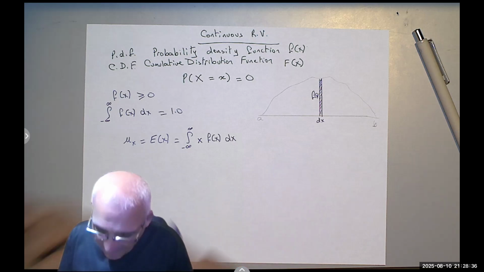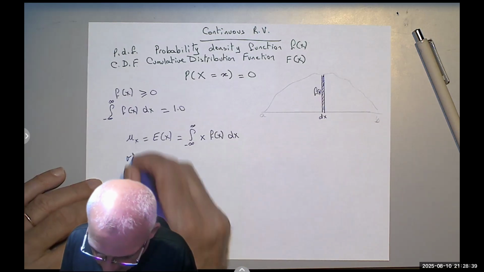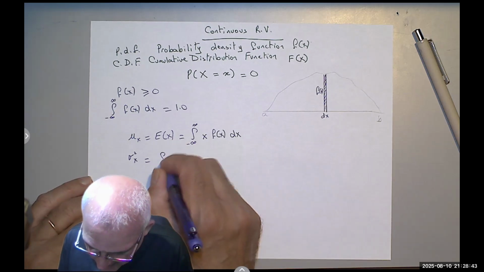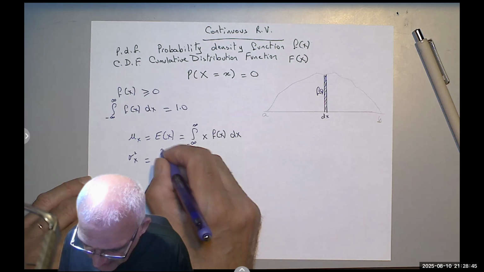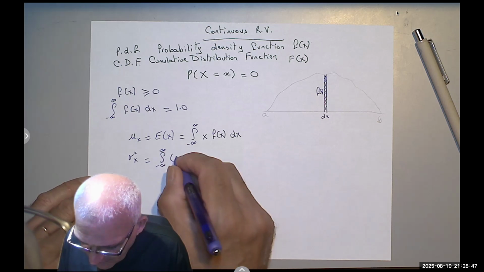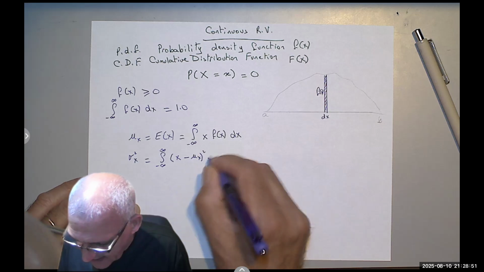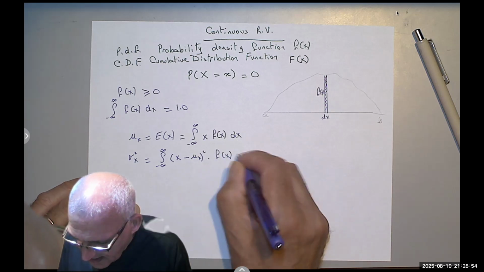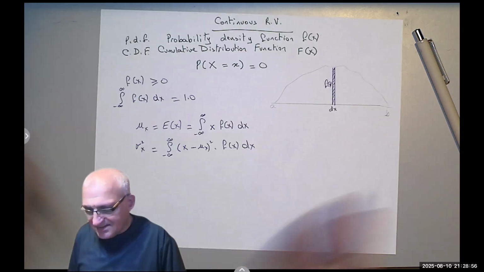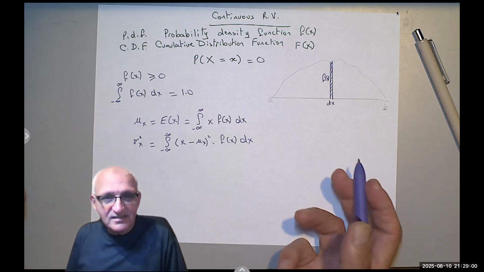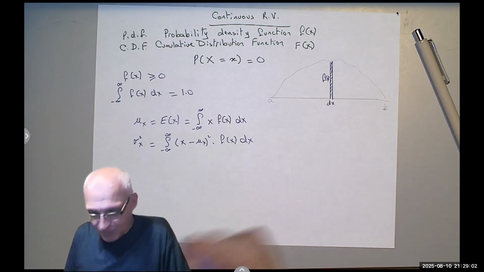Exactly. And if I want to find the variance of x, remember how we did it? We said it's the integral from negative infinity to positive infinity of x minus mu x quantity squared times f of x dx. Since I already know mu, there is no reason to subtract it. Remember what we did there?